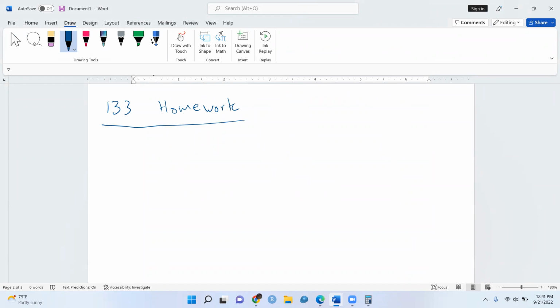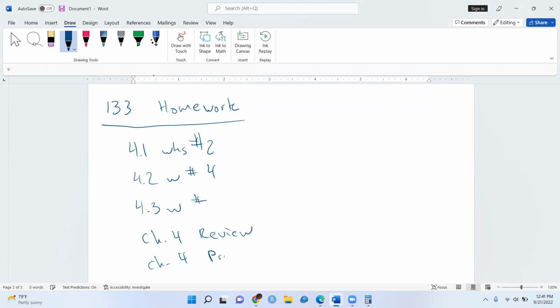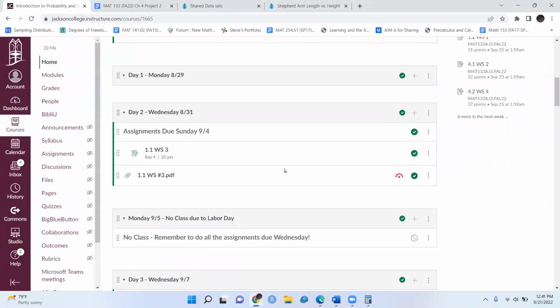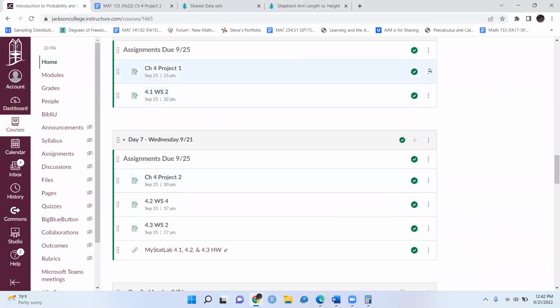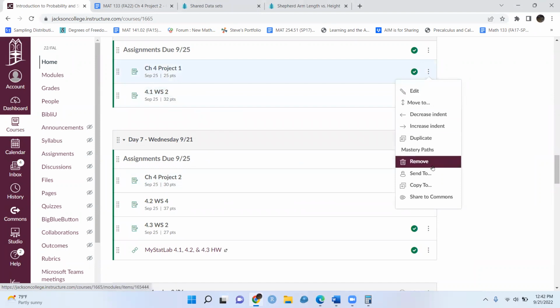So what we're potentially going to turn in is that 4.1 worksheet number 2, the 4.2 worksheet number 4, the 4.3 worksheet number 2, and then the chapter 4 review, and then the chapter 4 project 2. And that's it, but we're going to push those all to October 2nd.